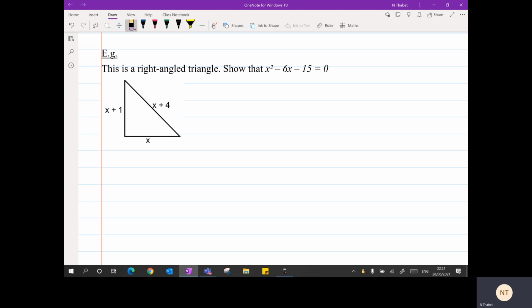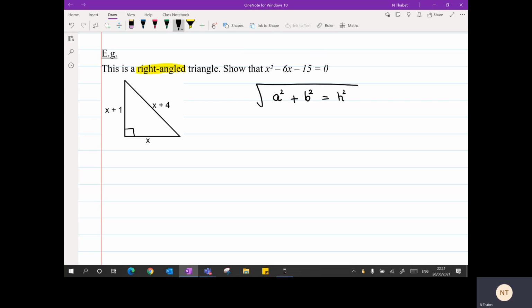And since we can't use area, we have to find a different way to get a quadratic from a right-angled triangle. And that way is by using Pythagoras Theorem, because the Pythagoras Theorem formula is all squaring the sides. So Pythagoras says a squared plus b squared equals the hypotenuse squared.